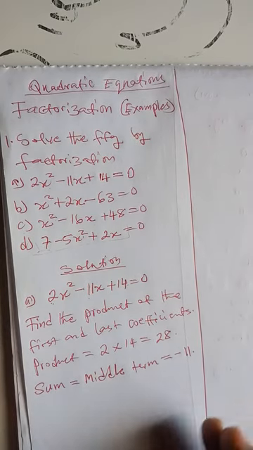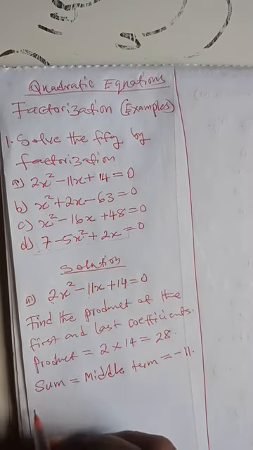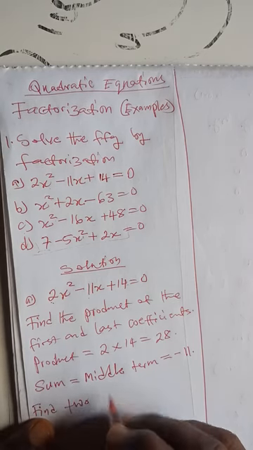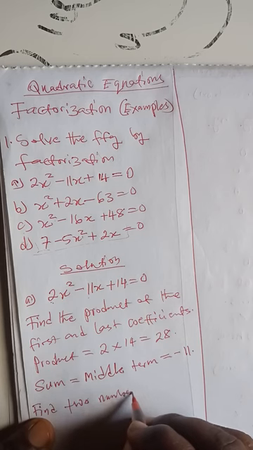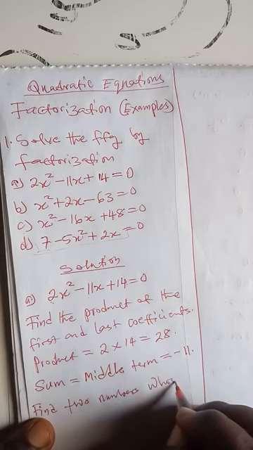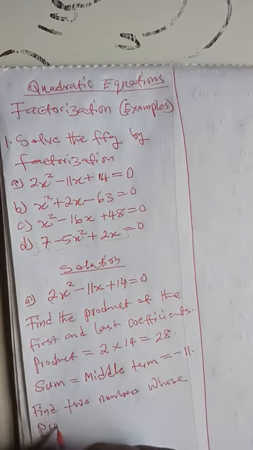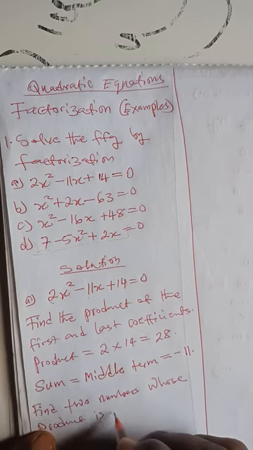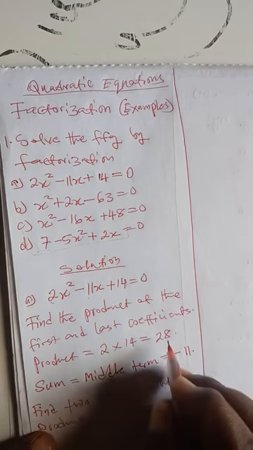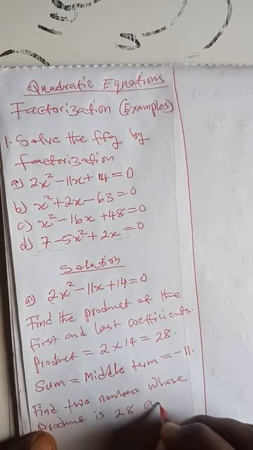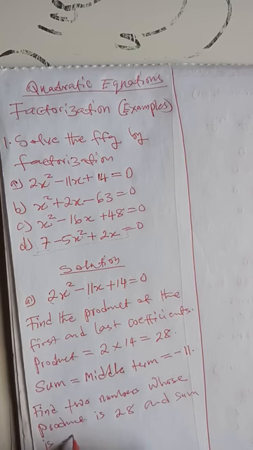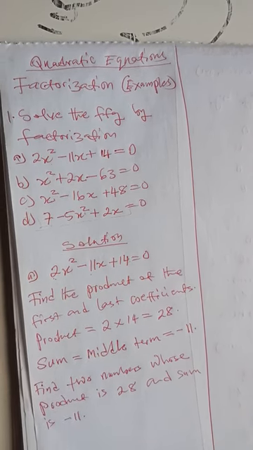Now, what am I going to do with these two things? Find two numbers whose product is 28 and whose sum is minus 11. How do we go about finding these two numbers?